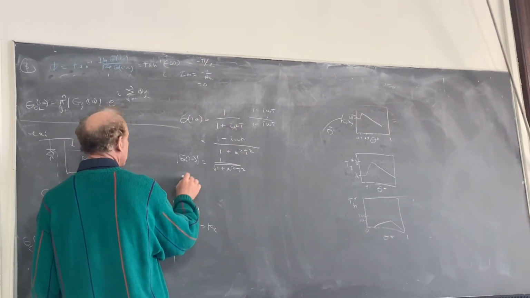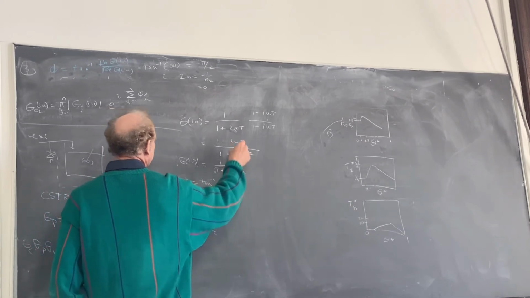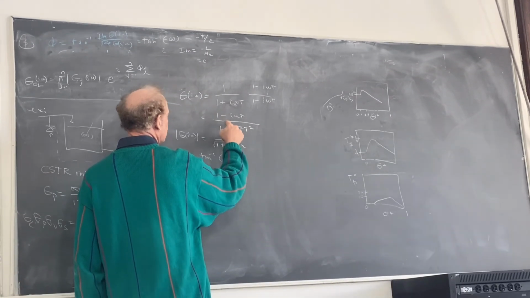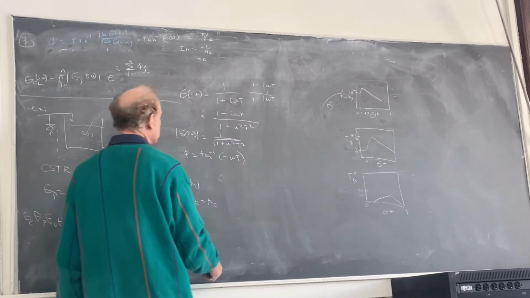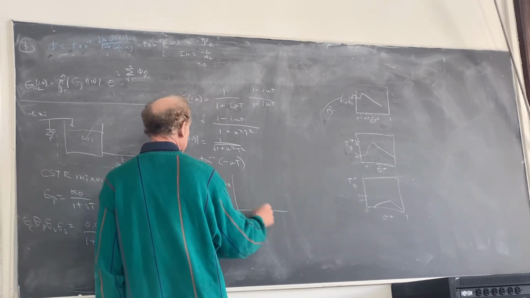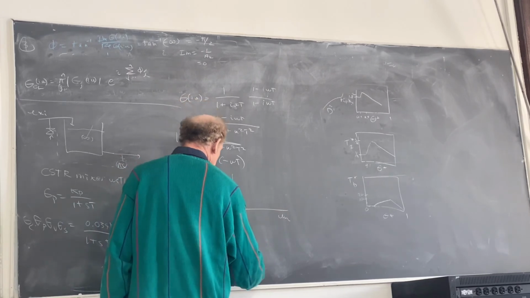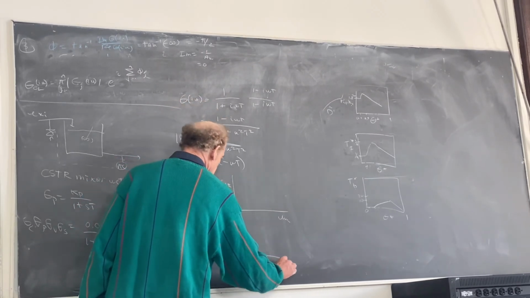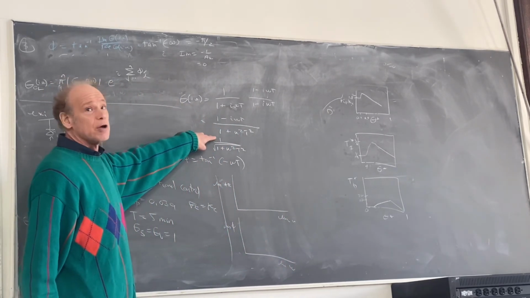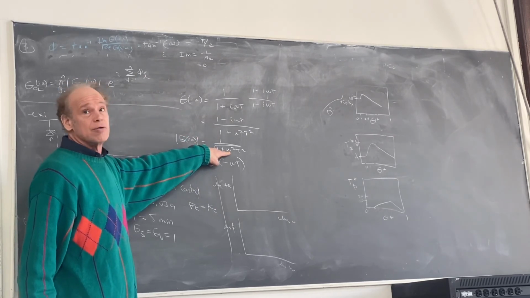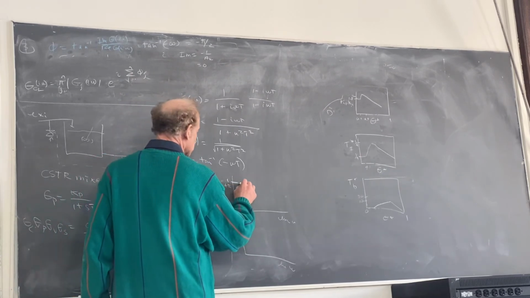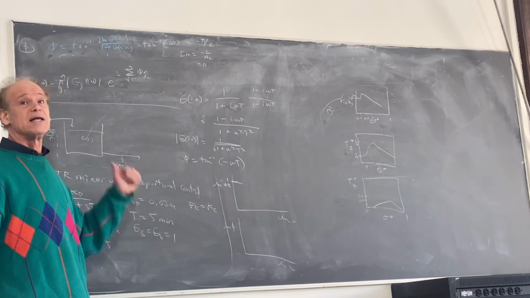Similarly, the phase is the arctangent of the imaginary part over the real part. The imaginary part is minus omega tau over this, and the real part is 1 over that, so just minus omega tau. And therefore, when we plot the log of the amplitude ratio versus log of omega, and phi versus log of omega, let's see what we get. Well, when omega goes to 0, this goes to 1, so it's going to asymptote to this, because when omega goes to 0, the log of omega is minus infinity.